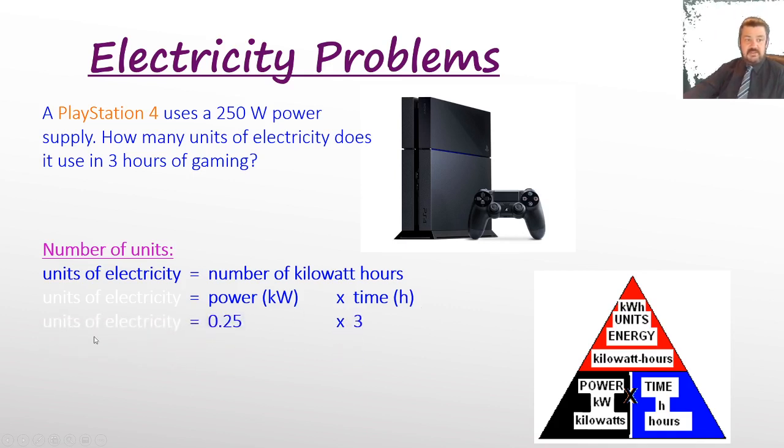So let's plug our numbers in. We've converted our 250 into kilowatts, giving 0.25. Remember, 250 divided by 1,000, 0.25, times the time, 3 hours. The units of electricity that your PlayStation has used is 0.75 kilowatt hours. That is it.